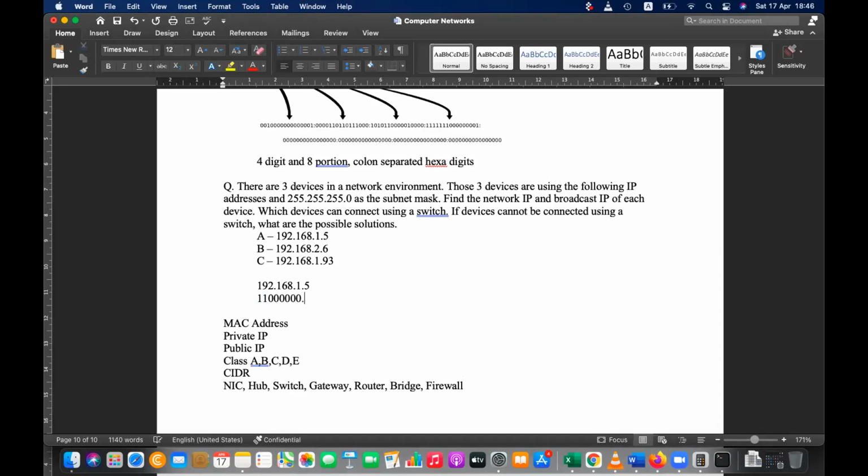Then 168, what is the binary value? You have to tell me what the 168 binary value is. This is not related to last week's video.